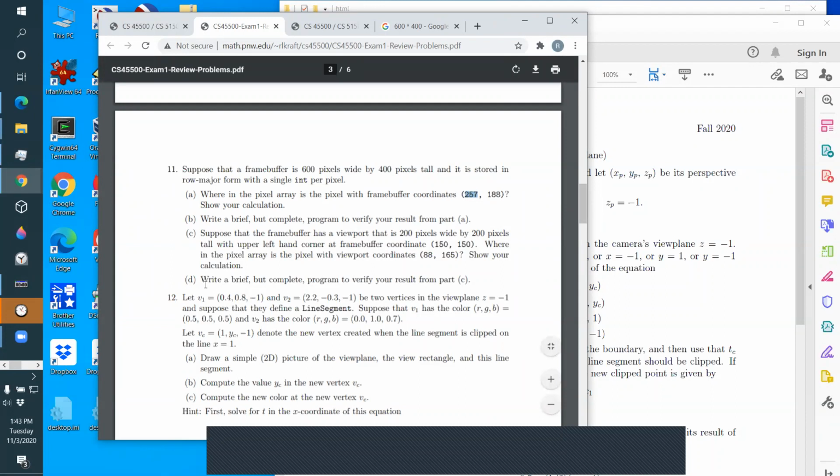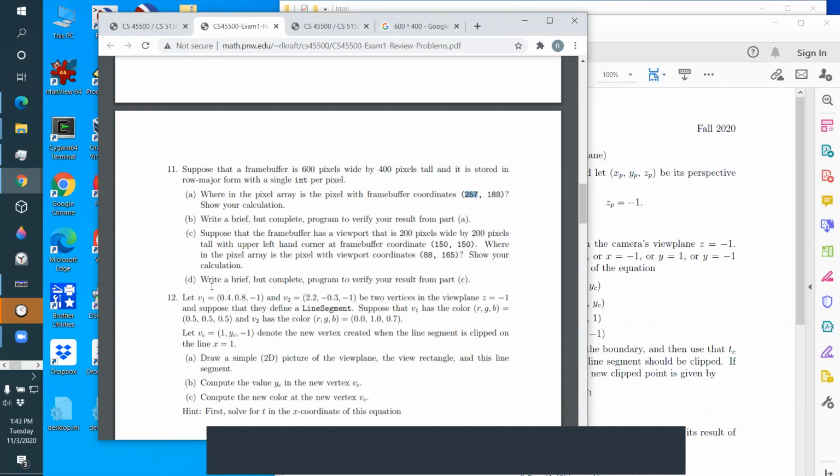In calculus, the x coordinate measures left and right, and the y coordinate measures up and down. Now with arrays, not everyone agrees on how arrays should be. A lot of times the first coordinate is row, which measures up and down, so that's like the y coordinate in a math class. And the second coordinate measures column.